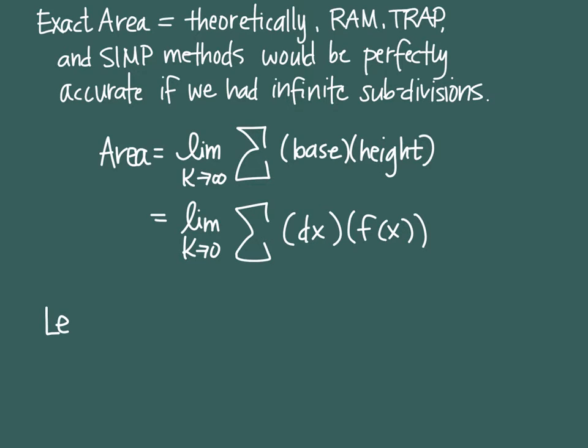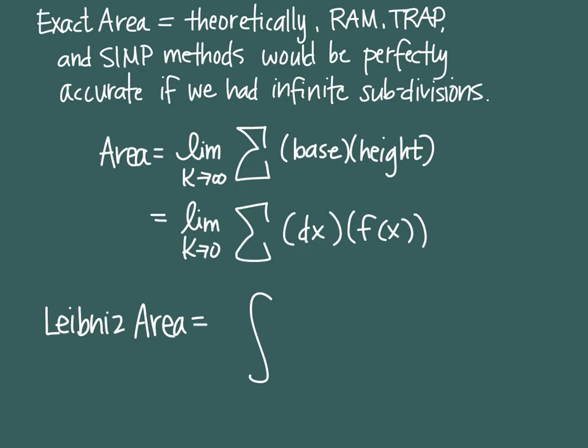Leibniz's way of doing area was to use the elongated S. And that elongated S means the limit of the summation as you approach infinitely many subdivisions. That's all contained in that one elegant symbol.